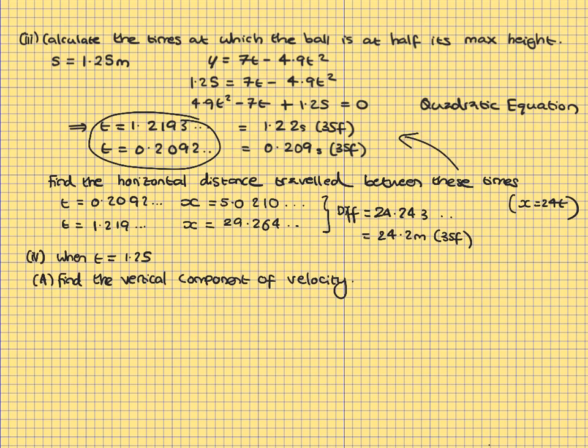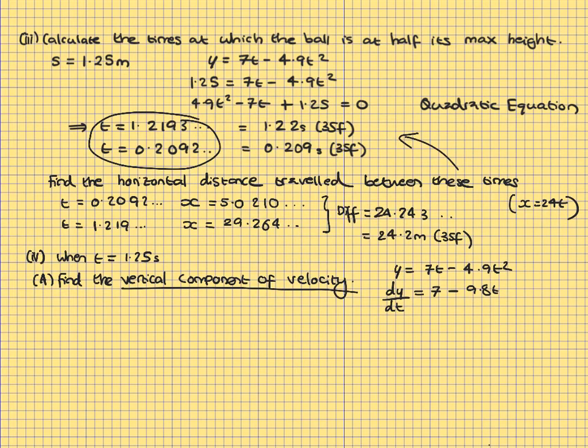Now part 4 has 3 subparts to it. We'll do them separately. Part A. So determine when t equals 1.25 seconds the vertical component of the velocity. Now we can do this using a suvat equation, or we can use the fact that we know that y is equal to 7t minus 4.9t squared, and we have previously differentiated y with respect to t, so we get 7 minus 9.8t, and this is of course the vertical velocity.